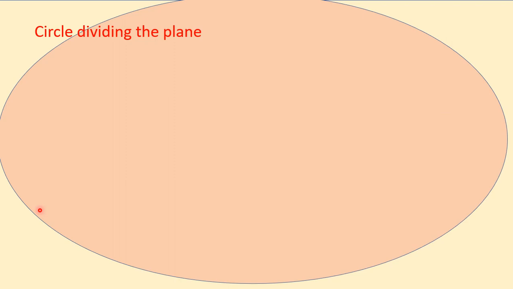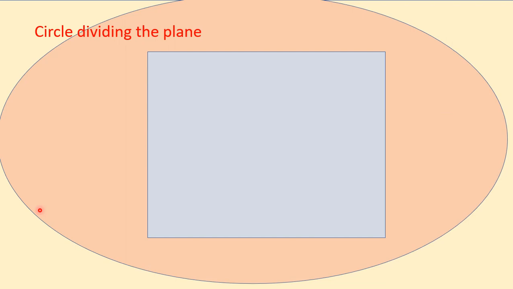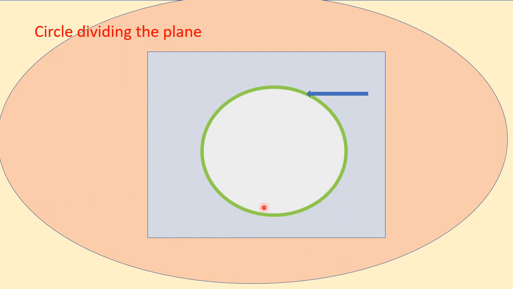Now how does this circle divide the plane? Let us have a plane and draw a circle on it. This green boundary you are observing is called the circle, and the portion inside of this boundary is called the interior of the circle, and the part which is outside of this circle is called the exterior of the circle.